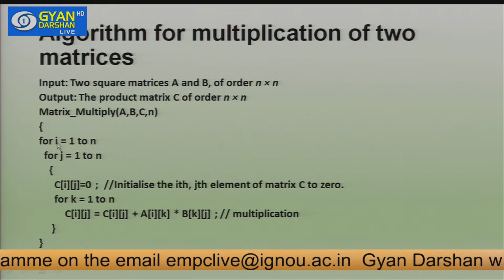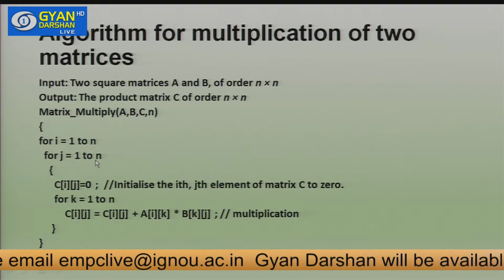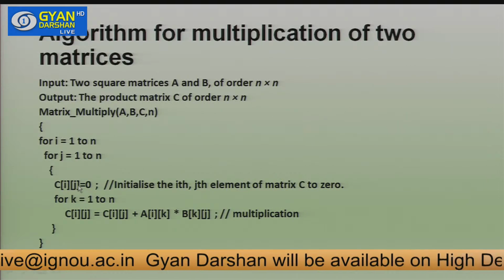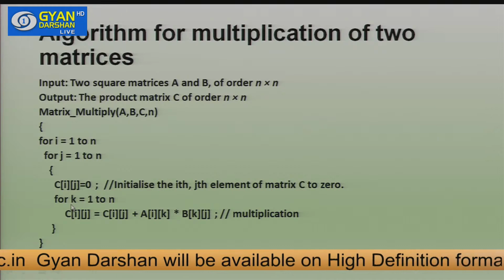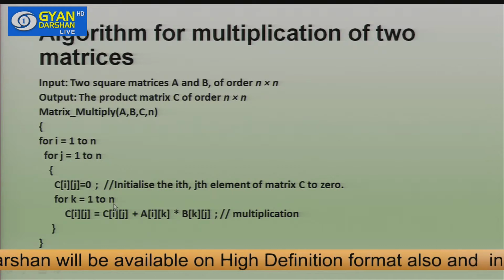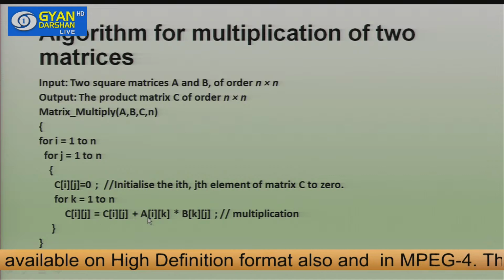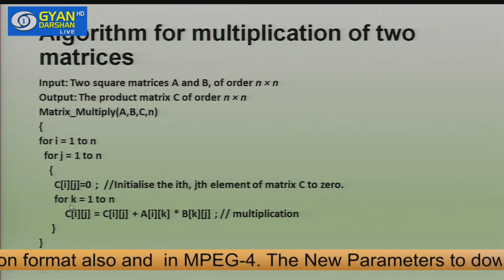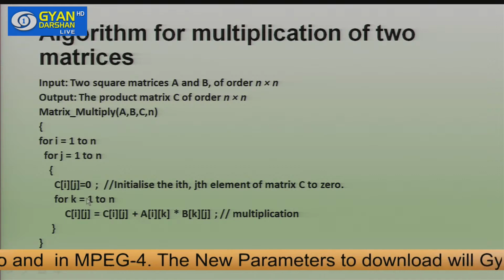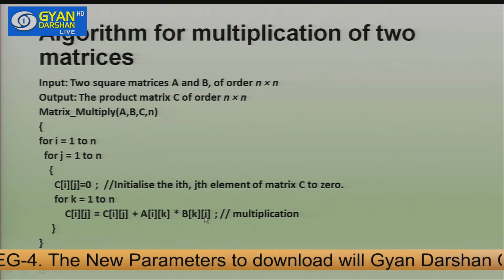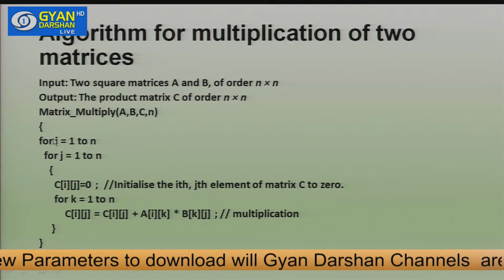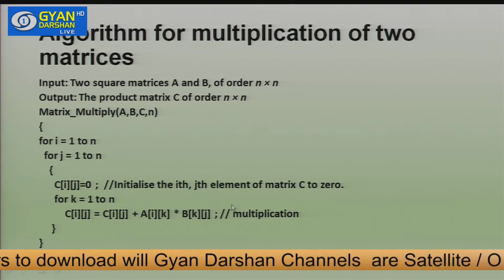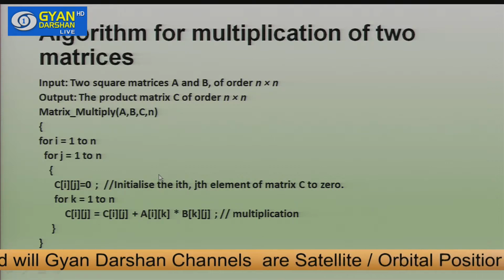Cij is initialized to 0, and then for k equals 1 to n, we are just summing up the value of aik into bkj. This is done for the k loop, and then it will be done for all the values of Cij in the outside loops. So this is the way matrix multiplication can be done with the help of an algorithm.